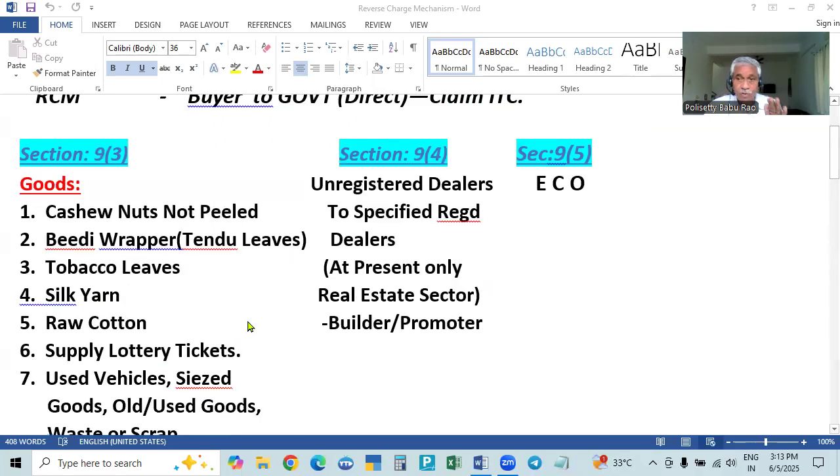That means only those goods and services will fall under the reverse charge mechanism. The recipient of the goods or services will pay the tax to the government directly and get the ITC.